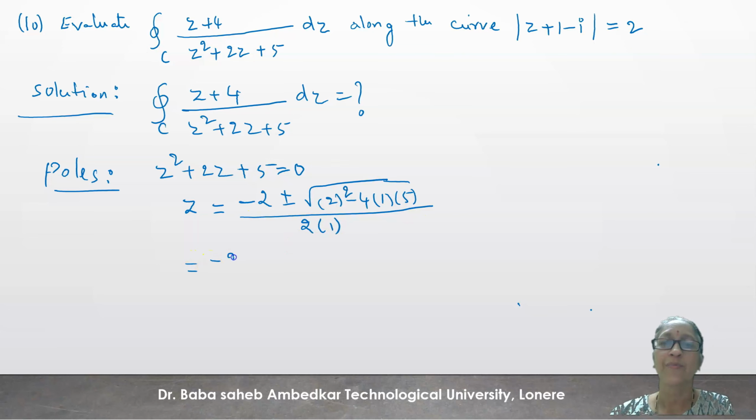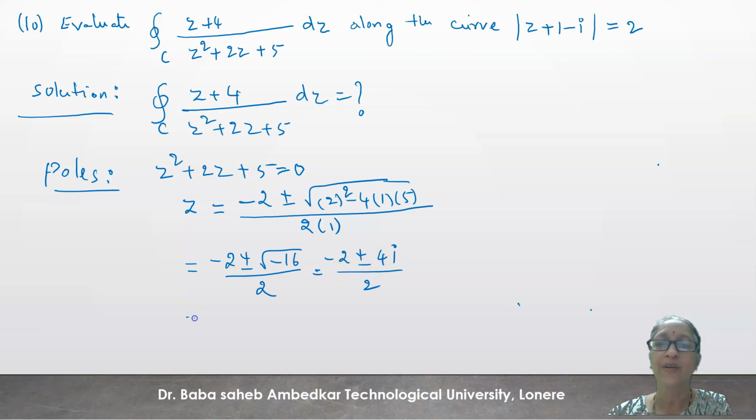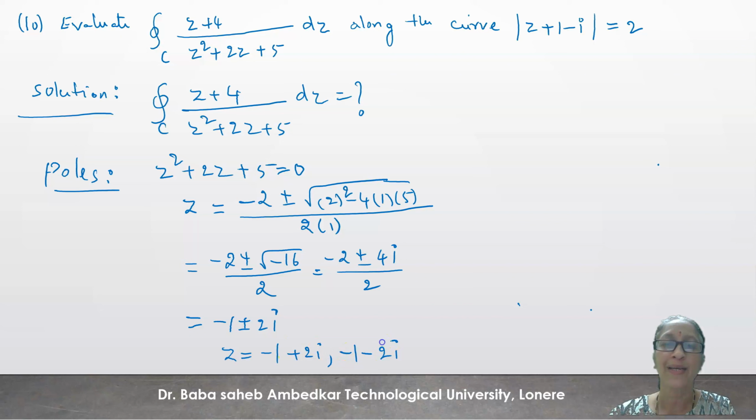So what do you get here? Minus 2 plus or minus square root of 4 minus 20, that is minus 16, upon 2. That is minus 2 plus or minus 4i upon 2, which is equal to minus 1 plus or minus 2i. So these are the poles. Poles are z equal to minus 1 plus 2i and minus 1 minus 2i.